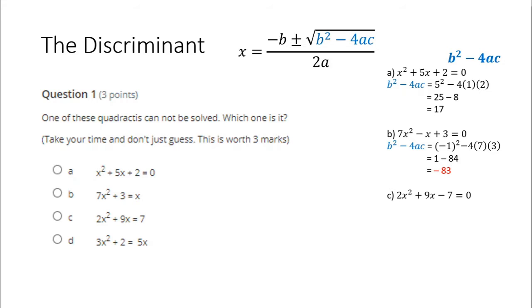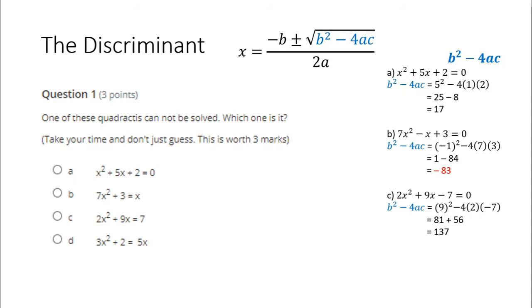Let's substitute that into the discriminant, and we will simplify that. And solving, 137. Again, that's not my solution to the quadratic. That is just to show me the discriminant is a positive number. We can square root 137 in the formula, and we will get two different answers, once when we add, once when we subtract. So C can be solved.